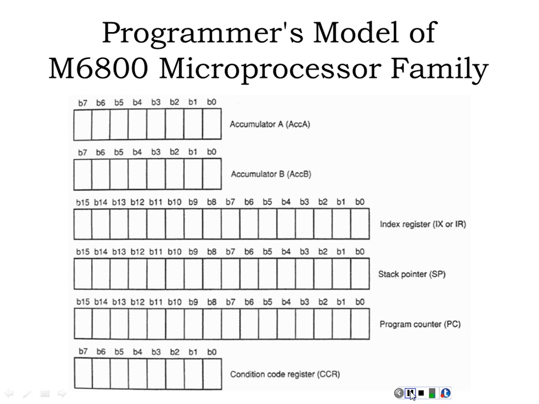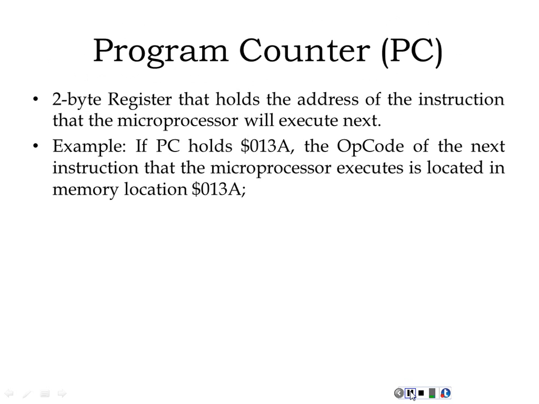Today we'll probably know a little bit more about the program counter. So what is the program counter? You have seen it before that the program counter is a 2-byte register that holds the address of the instruction that the microprocessor will execute next.